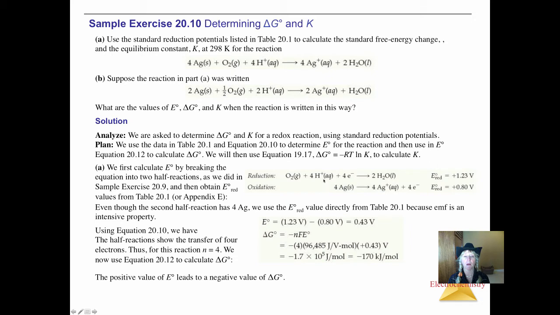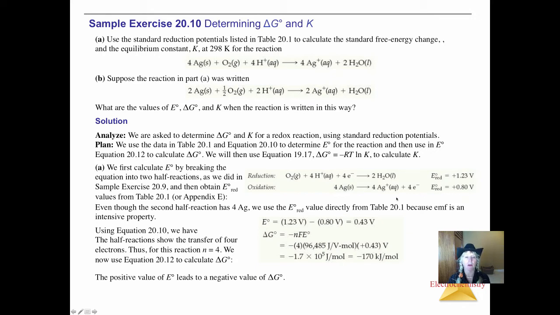But now that we've pulled off the two half reactions, you go to a reduction potential chart and you find the voltage for the reduction half cell, and you get the voltage for the oxidation half cell. Now they've written it here as an oxidation, but if you go to the chart, you'll see it written backwards with this voltage next to it.